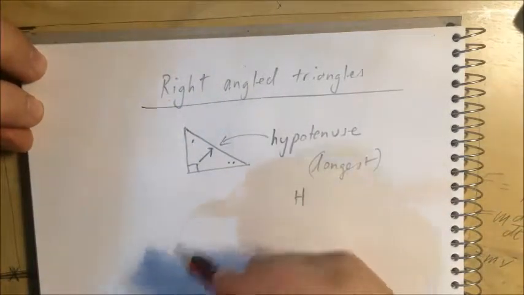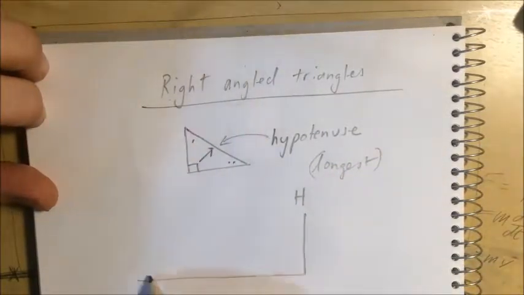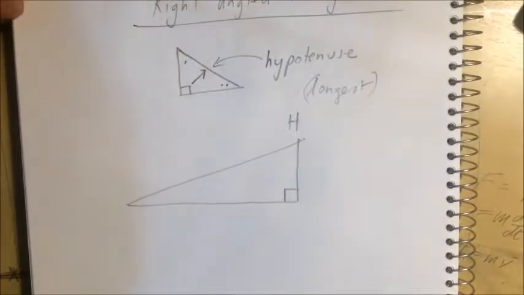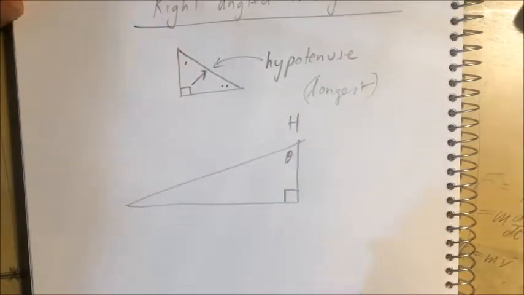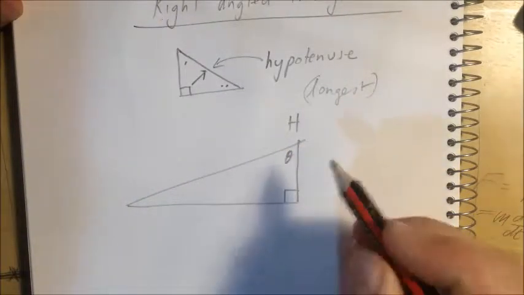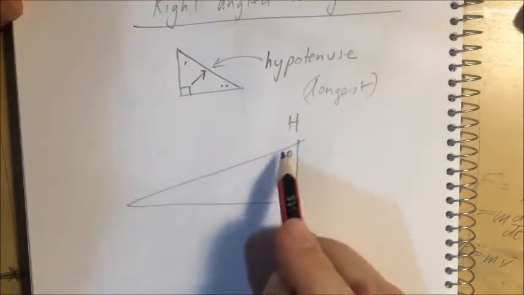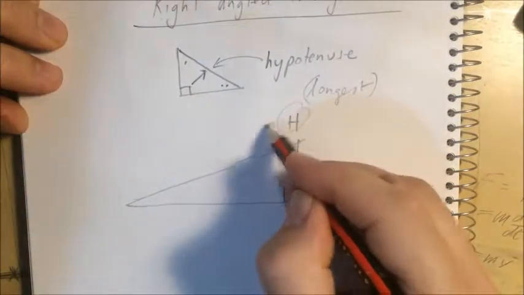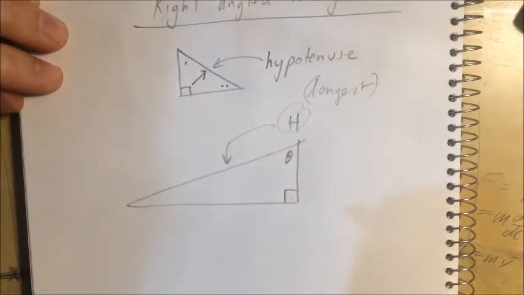So if we have another right angled triangle, let's say something like this, and we call this angle here theta, we have the right angle here, which means that this is the hypotenuse, opposite the right angle.